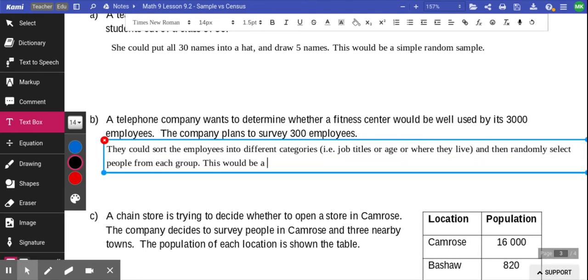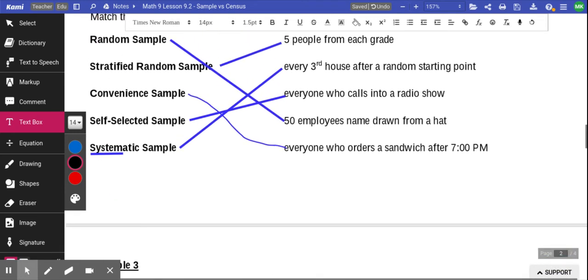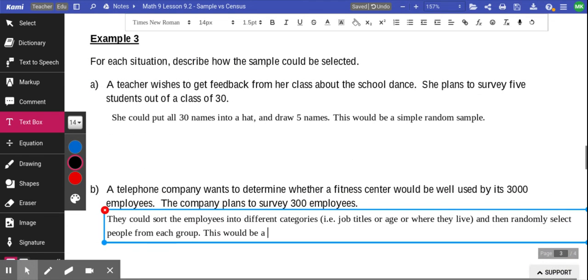This would be a random sample, but it's not a simple random sample. It's a stratified random sample.